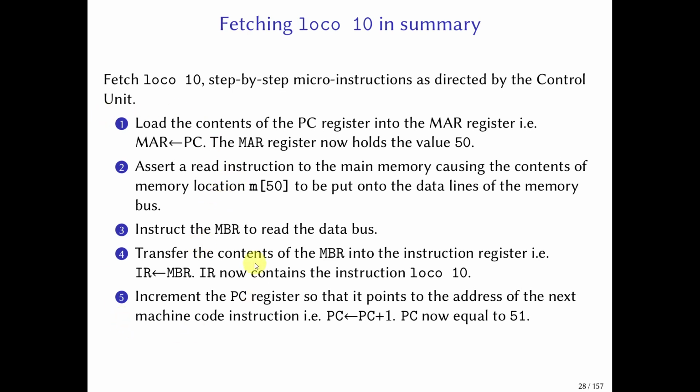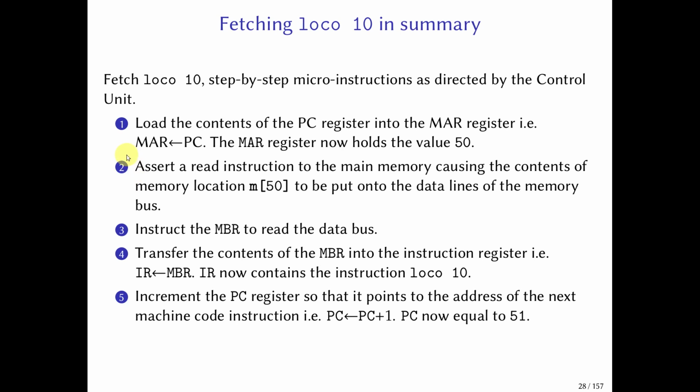Now, you can see that on slide 28 we detail exactly what is done by the control unit in terms of the actions it needs to carry out in order to fetch the machine code instruction loco 10 from the main memory. Although this looks like quite a bit of work, it is actually highly structured, and it's the same for every instruction when it is fetched.